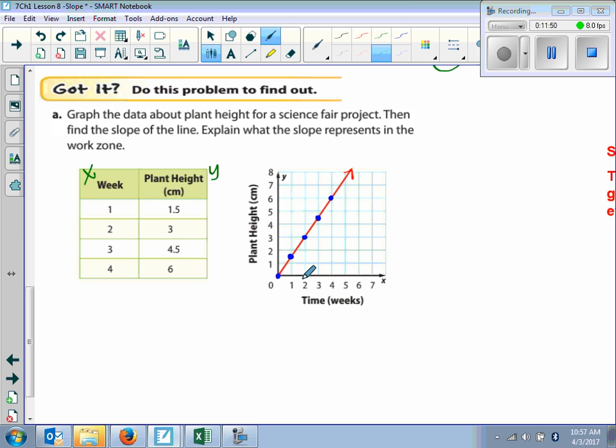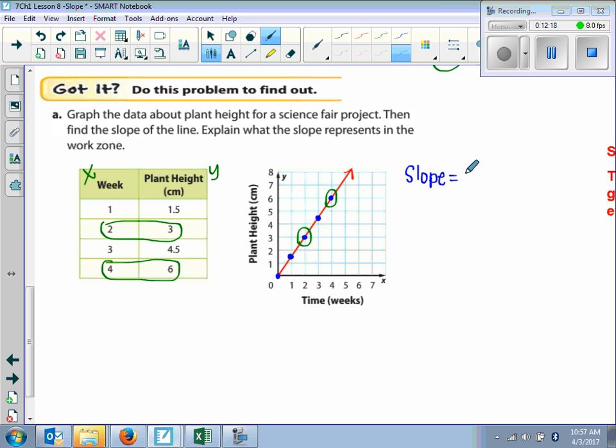So I'm going to choose (2, 3) and (4, 6). Now, we want to find the slope.